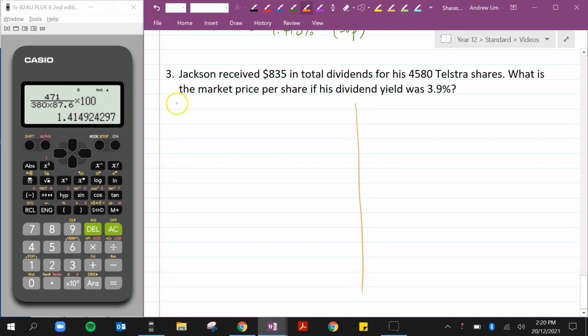We know dividend yield is equal to the dividend divided by the market value times 100%. The dividend yield is 3.9%. He received $835 in total dividends. So because this is total dividends, we need a total market value of his shares. So I might write TMV for total market value.